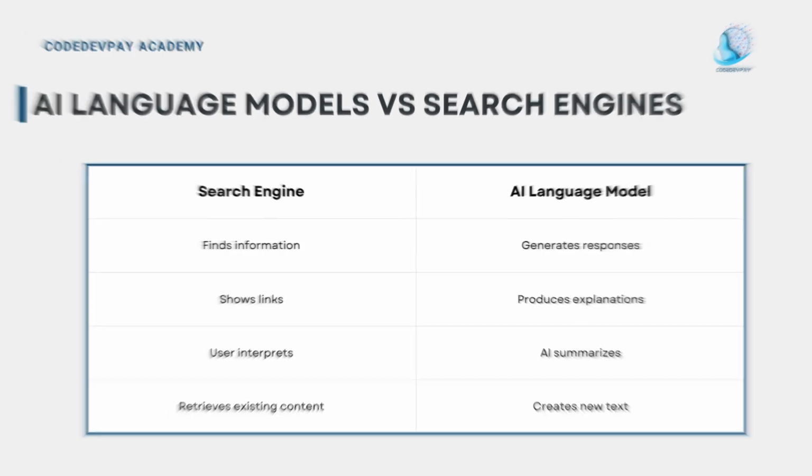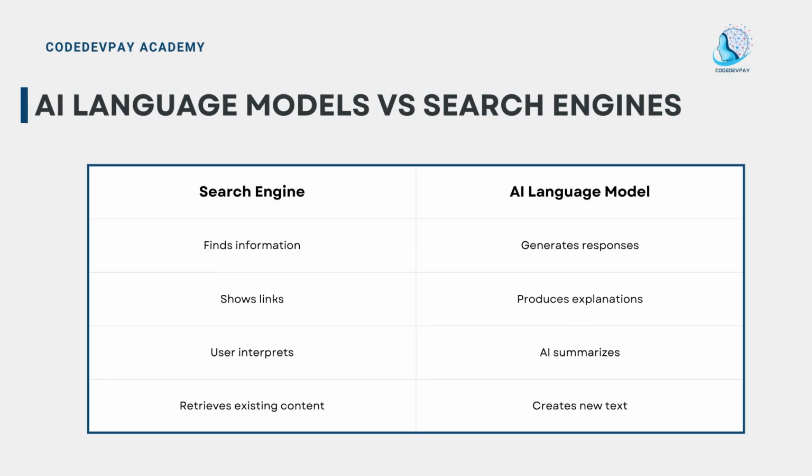Now, let's compare AI language models to traditional search engines. Traditional search engines like Google, Bing, and the likes, versus these AI language models that we have recently.